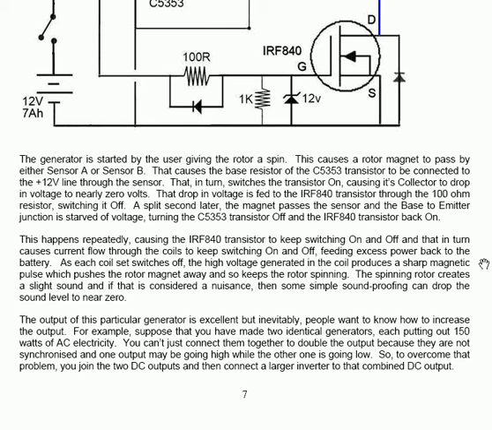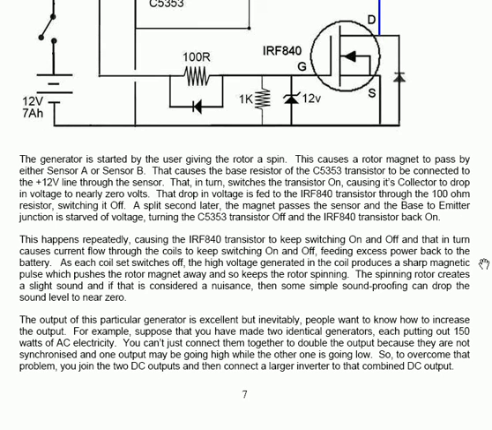You can't just connect them together to double the output and be sure that it will work, because they're not synchronized, and one output may be going high while the other output is going low. So to overcome that problem, instead of doing that, you join the two direct current outputs together and then connect a larger inverter to that combined DC output.